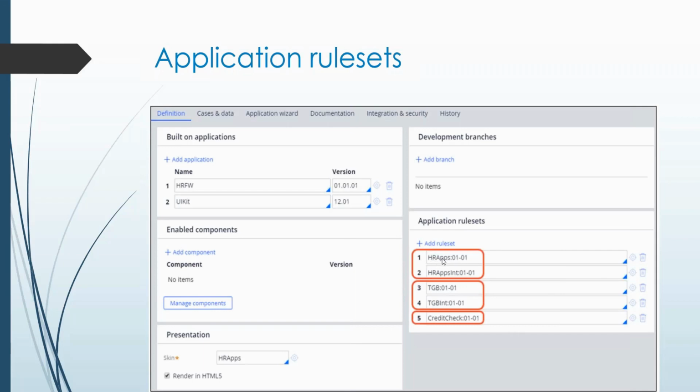So here initially your HR apps is going to be the top of your stack. Once the rule is not available there, it is popped out. So next, what becomes top of your stack? It is going to be your HR apps int. System again checks for the rules in that particular rule set. If found, well and good. If not, this is also popped out. So likewise, we take it in the form of a stack so that priority is always given to the top of your stack.